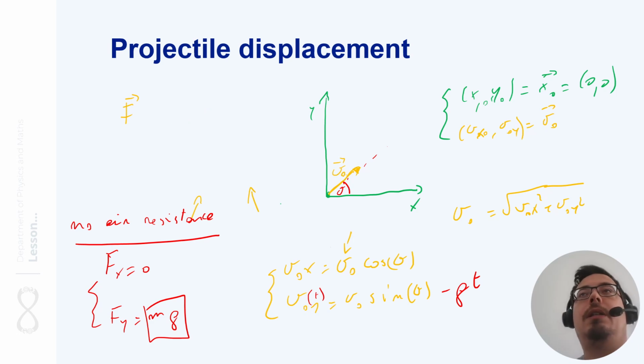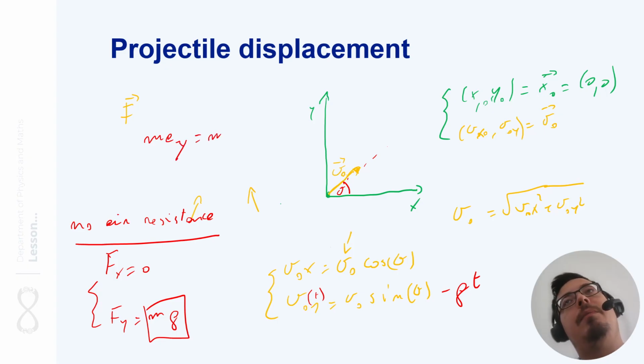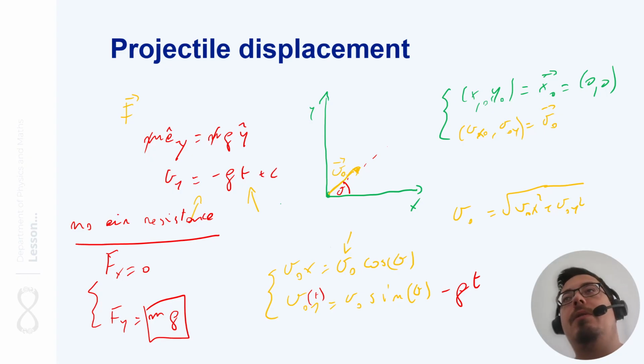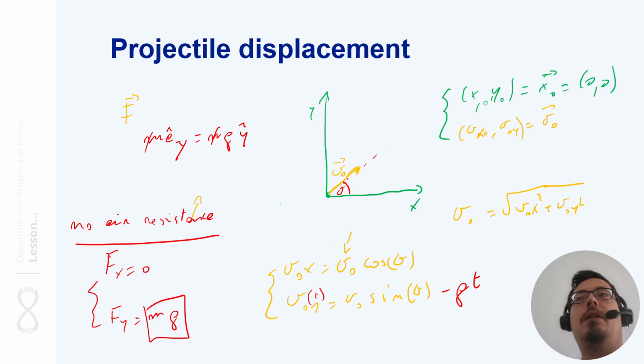And if we integrate over time mg in the direction of y, the mass simplifies, so vy is just minus gt plus a constant, which can be absorbed by the initial condition, time 0 is 0, for example. So this constant is 0 as well. So we know that this is our initial situation, no air resistance.